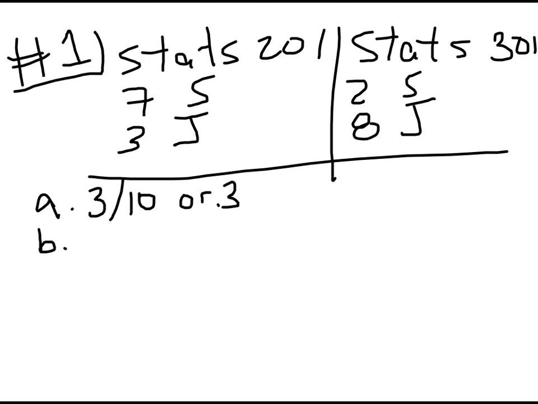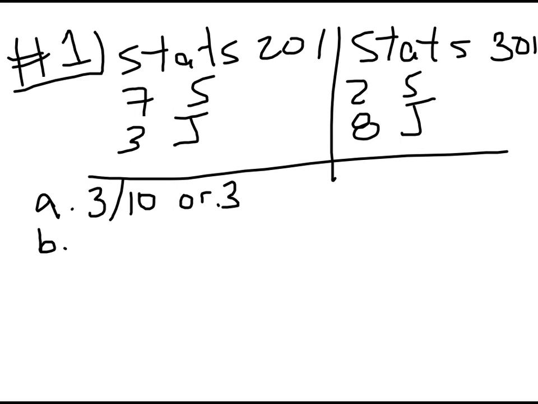Number B. What's the probability of selecting a junior's name on the second draw, given that a sophomore's name was drawn first? Professor Mashley has told us that if he draws a sophomore first, he'll replace that card, and the second draw will also be from his Stats 201 group.